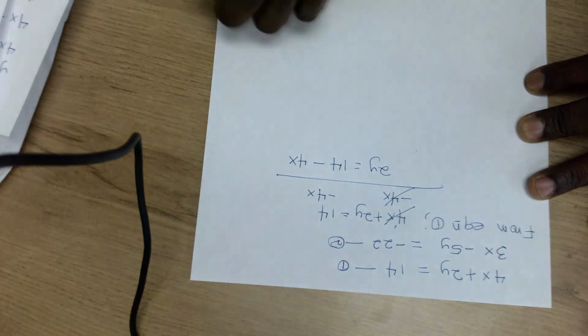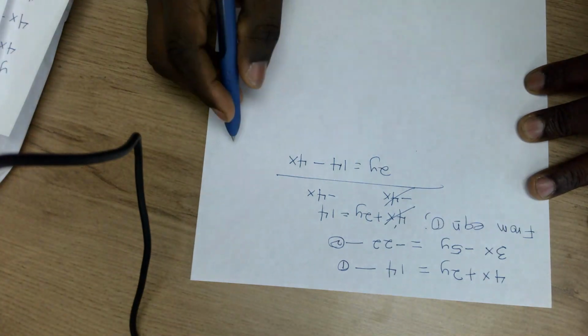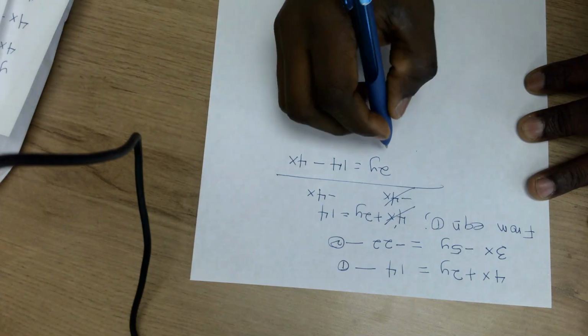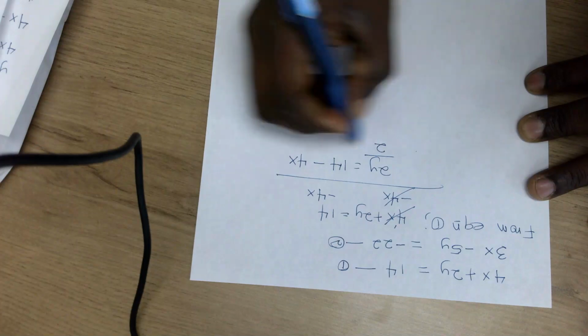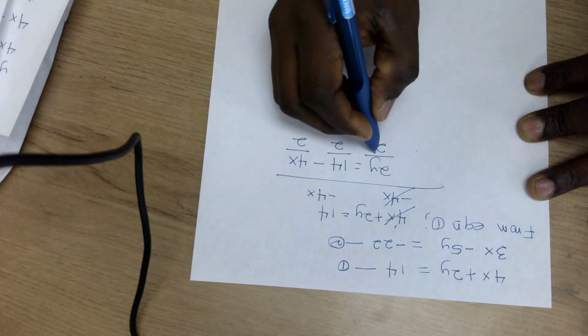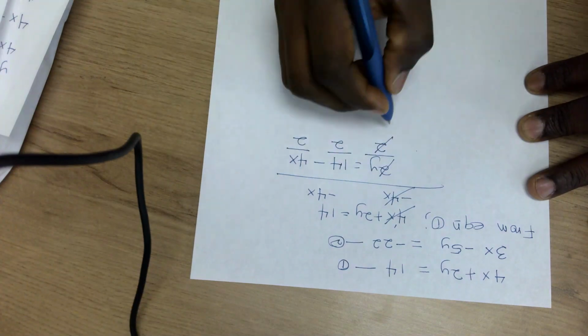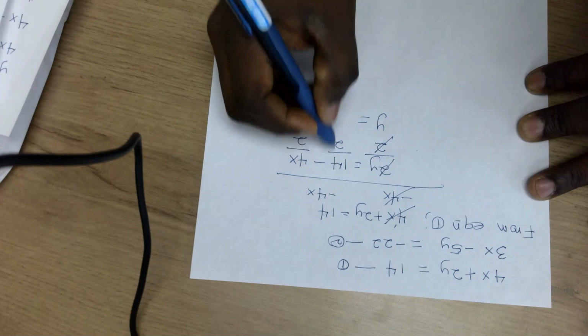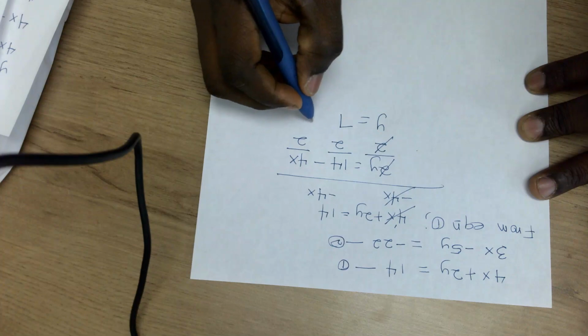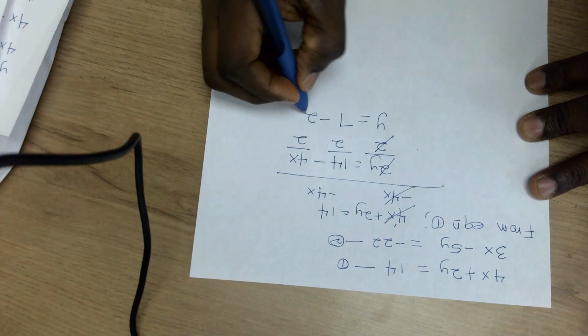Now I want my y. So what do I do? I divide through by the coefficient of y, or divide each term by the coefficient of y. So divide here by 2, divide here by 2, and divide here also by 2. And so this takes care of it. That is 1. So my y is equal to 14 divided by 2 will give me 7. And negative 4x divided by 2 will give me negative 2x.